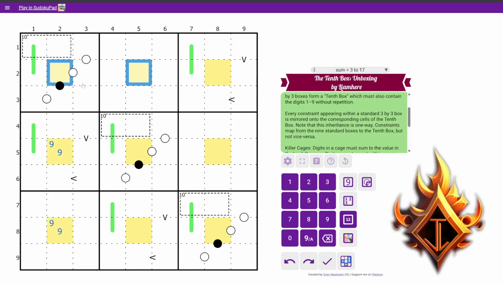So these two cannot be 1 because they would need a 9 up here for the 10. This one cannot be 1 because of the less than. This one cannot be 1 because of the greater than. This one cannot be 1, both for obvious reasons with the tin boxes and the greater than.